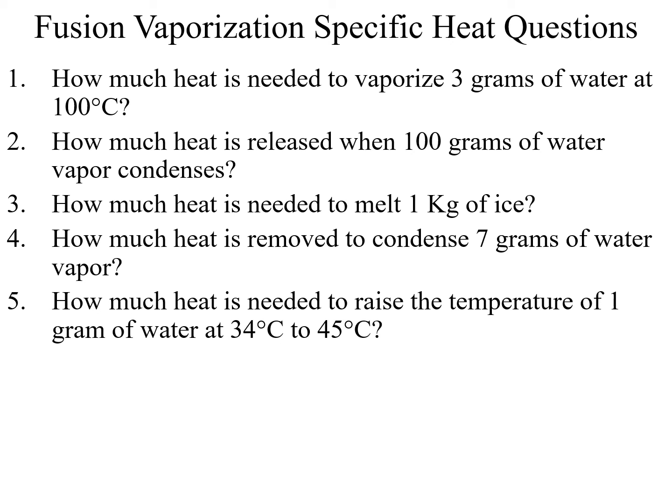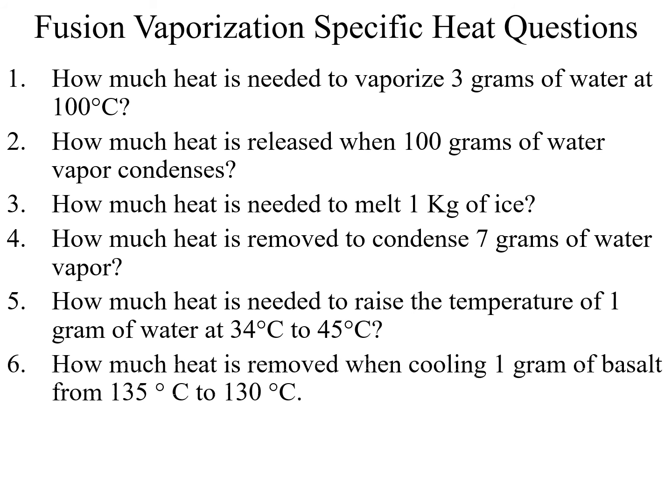How much heat is needed to raise the temperature of 1 gram of water from 34 degrees Celsius to 45 degrees Celsius? Well, the change in temperature, we're talking 11 degrees Celsius, times the specific heat of water, which is 4.18 joules per gram degree Celsius, and we only have 1 gram. So 11 degrees Celsius times 4.18 joules is what you get.